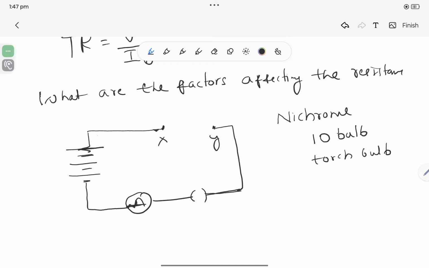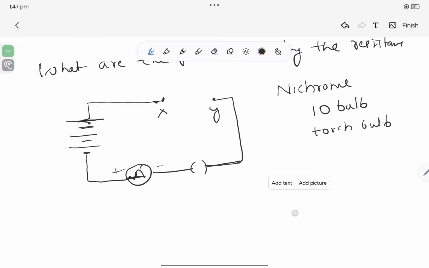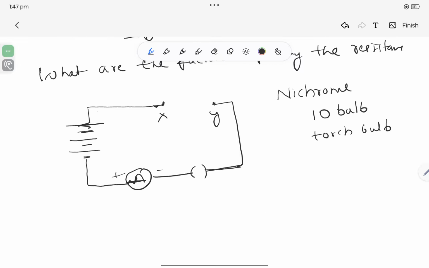We will come to know the variation of current in the ammeter. So the variation of current is due to resistance.